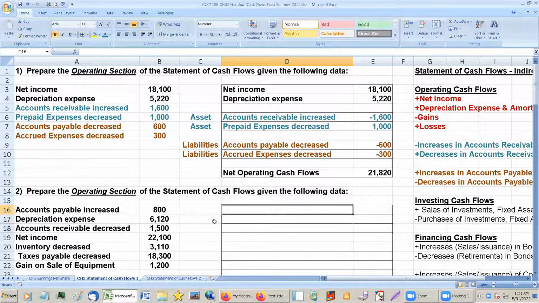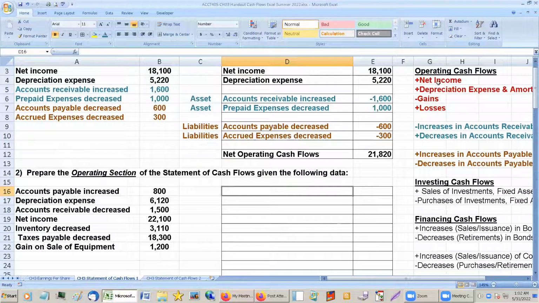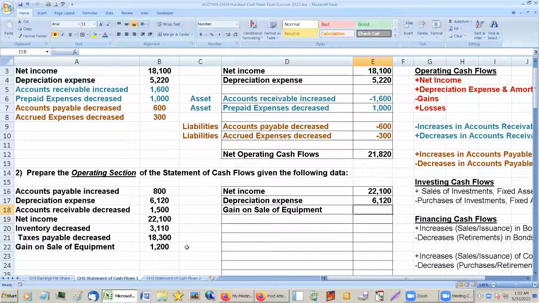Okay, so let's go to this next one. Start out the same, net income, depreciation. There actually is a gain here. The gain is 1,200. Now notice the gains get subtracted.